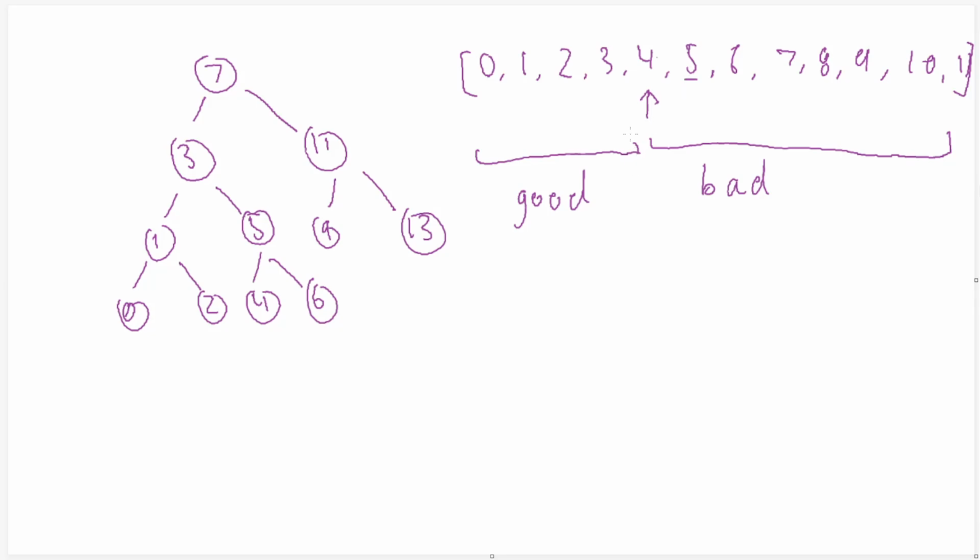Otherwise, if it's still good, but they're equal, then we can move lower val up appropriately. Because the average between these two numbers will be 4. So middle will be 4, middle will be good.